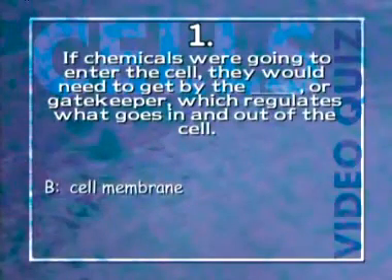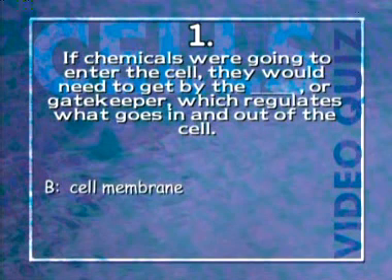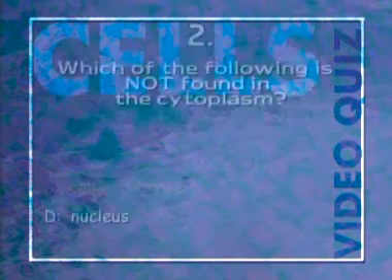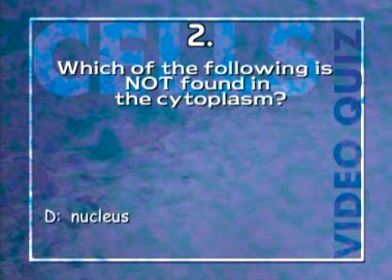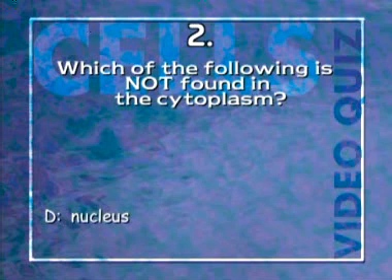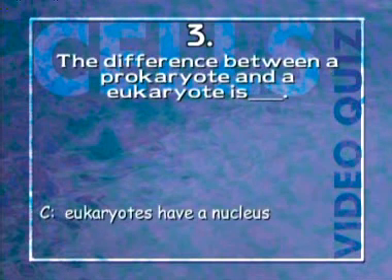Question 1. B. The cell membrane regulates what goes in and what comes out of the cell. Question 2. D. The nucleus is not found in the cytoplasm. Question 3.